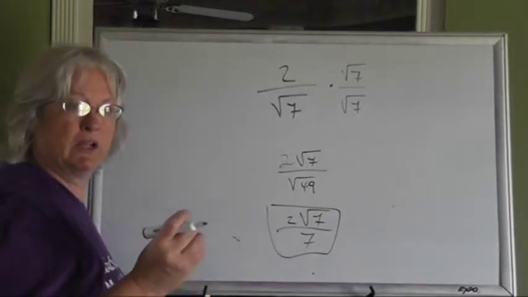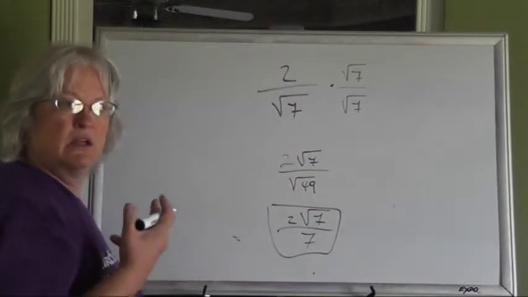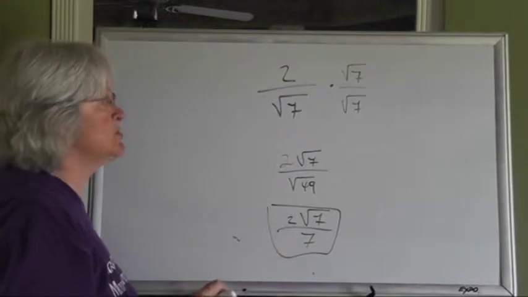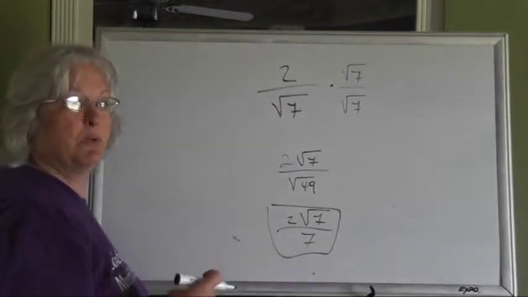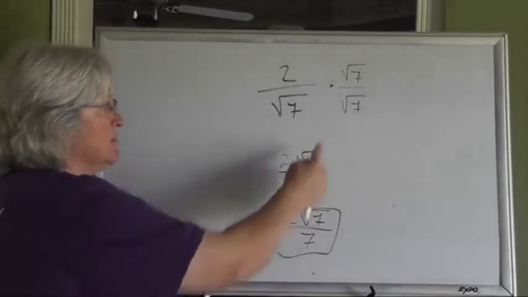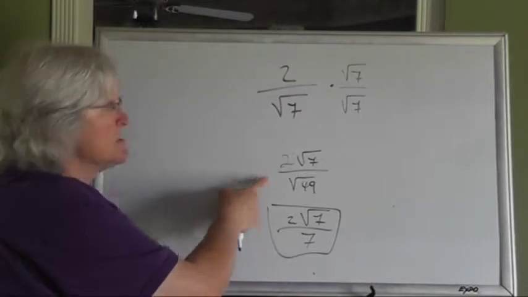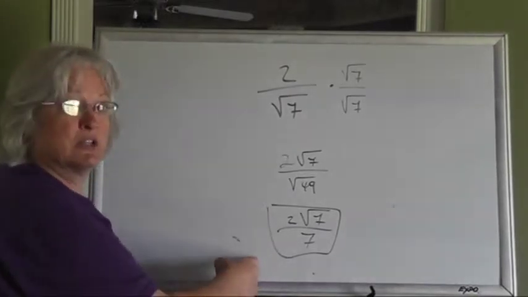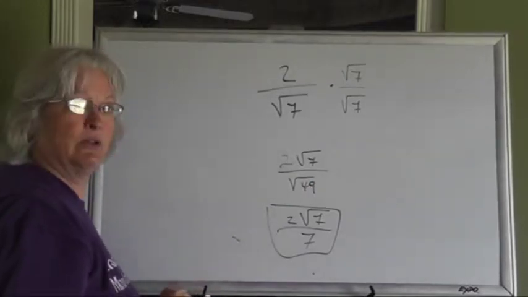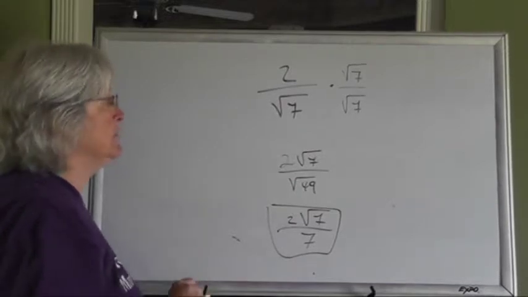From our multiplicative property of identity, anything that we multiply by 1 might change its appearance, but it doesn't change its value. And any number divided by itself is also equal to 1. So even though we're changing significantly the appearance of this expression, we're not changing its value, because all we're doing is multiplying that expression by the square root of 7 divided by the square root of 7, which is equal to 1.